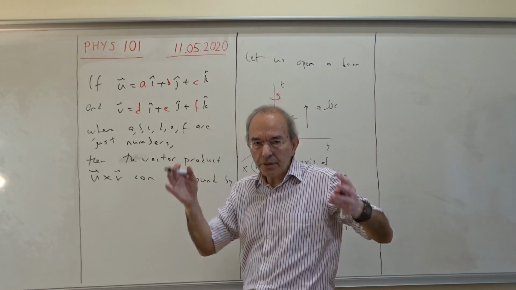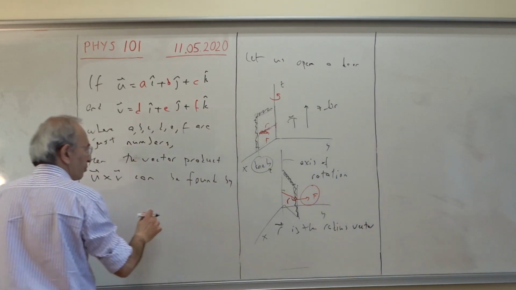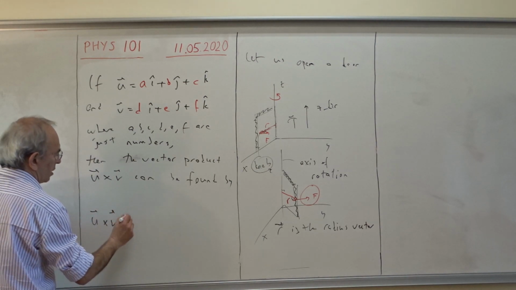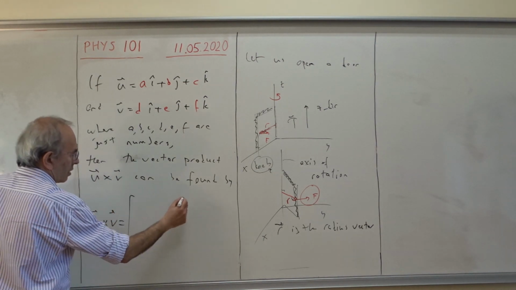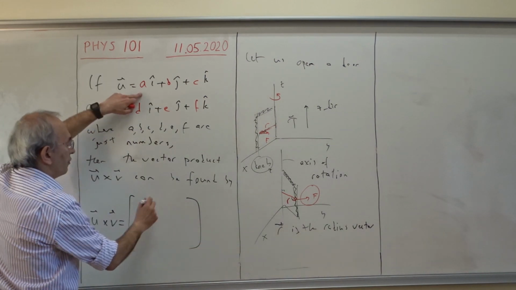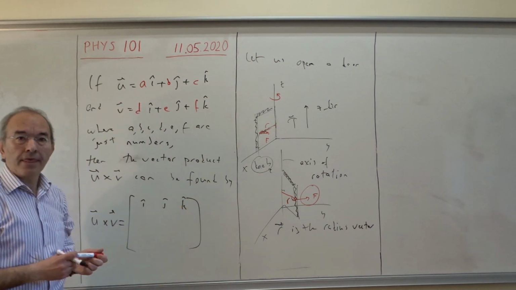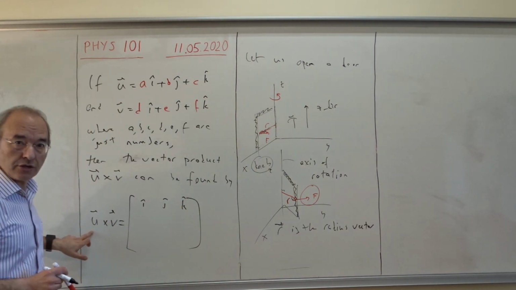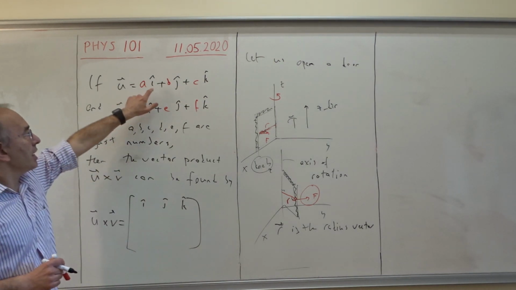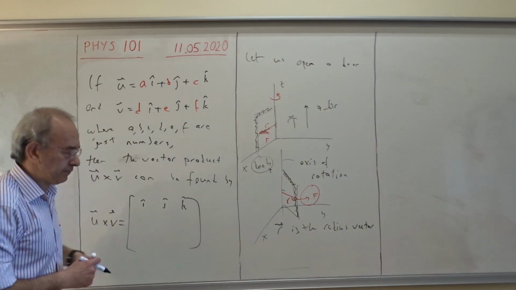U cross V can be found by a simple 3 by 3 matrix. And at the top, let me write just the unit vectors i, j, k. And since first we have to write the components of U, and then the components of V, we write A, B, C, the coefficients, in the middle line.